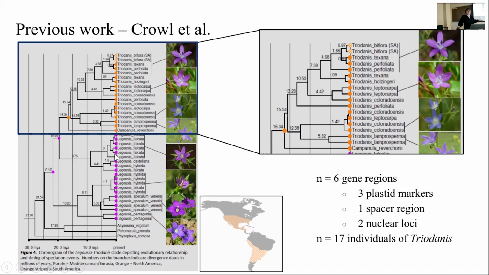And while he got good resolution between Triodanis and the then sister group Lagusia, when you look within Triodanis, you can see that the relationships are not totally clear. For instance, Perfoliata here is kind of jumping around as well as Coloradoensis. So while this was an important first step, it was clear that further sampling would be required to elucidate these relationships.